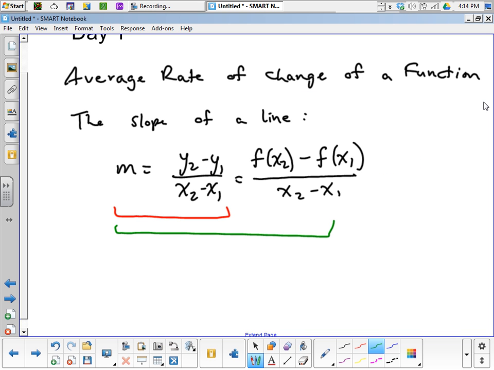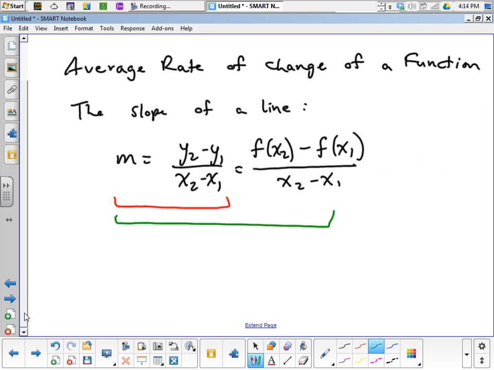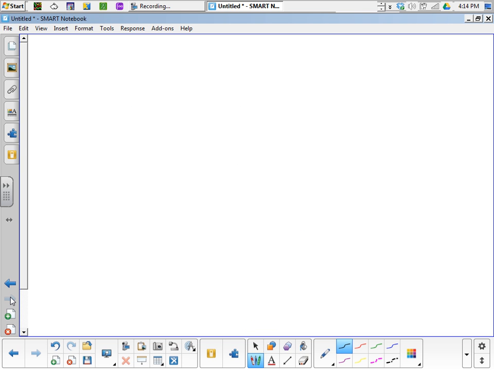Okay, so what we need to do now is take a look at how this might give us some important information about functions. So let's take a look at an example here.